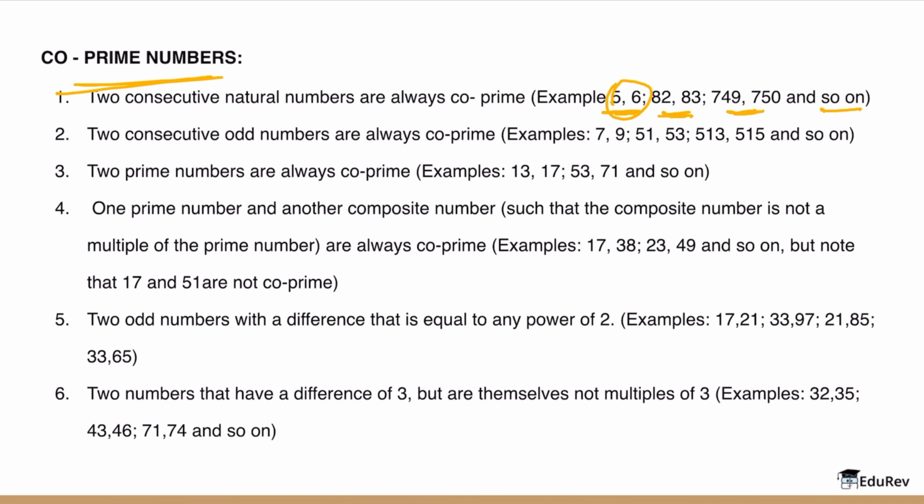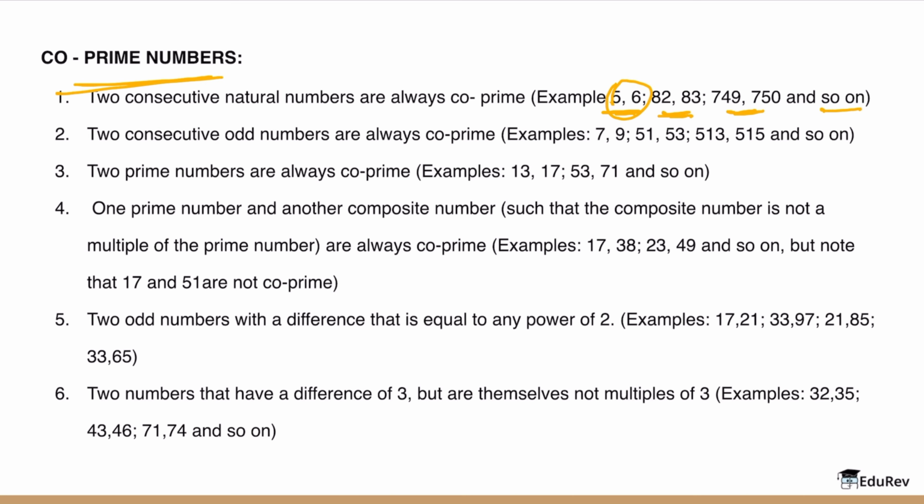Because 5 and 6 have nothing common. This is one of the properties of CoPrime numbers: if I have any two natural numbers that are consecutive in nature, then those numbers are going to be CoPrime numbers.